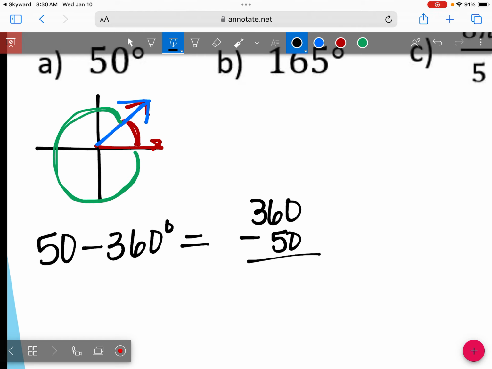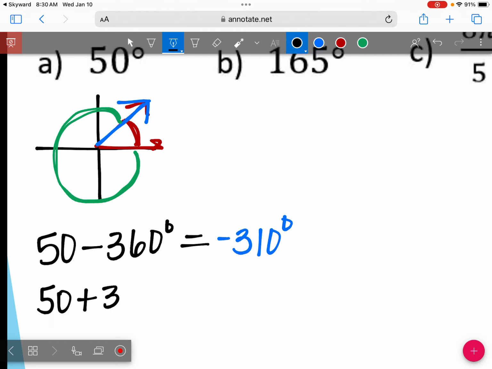You can flip those numbers. Just know that your answer is going to be negative. So we get 310 degrees, but it is going to be a negative 310 degrees. Now you're going to take 50 and add 360.